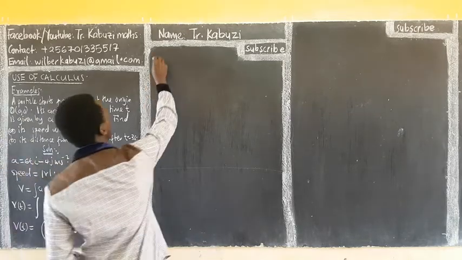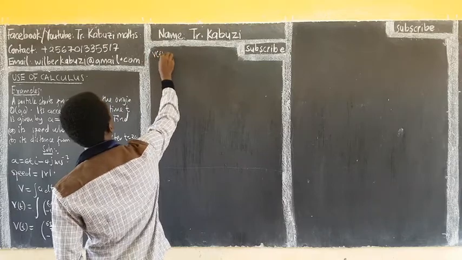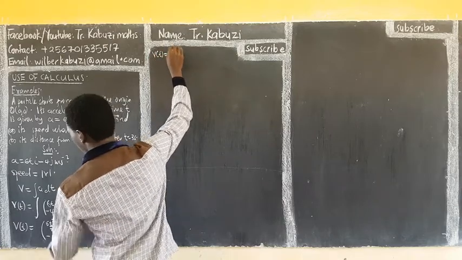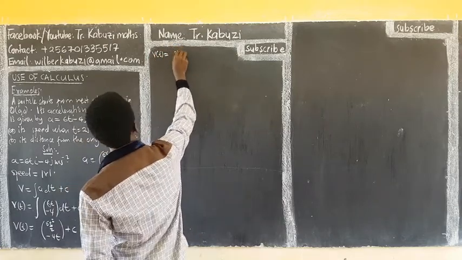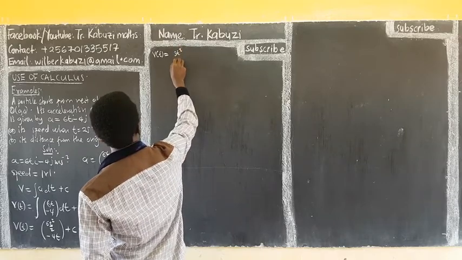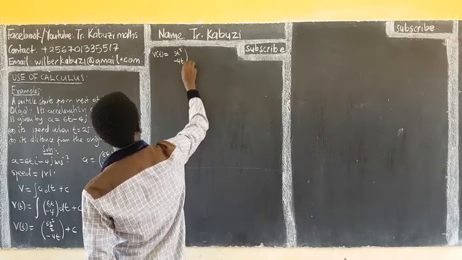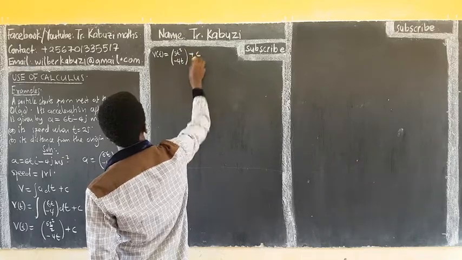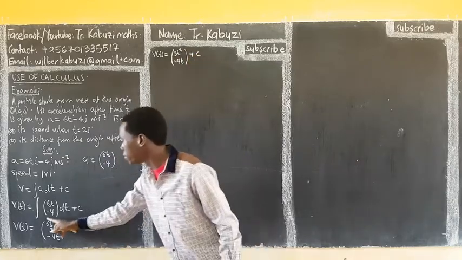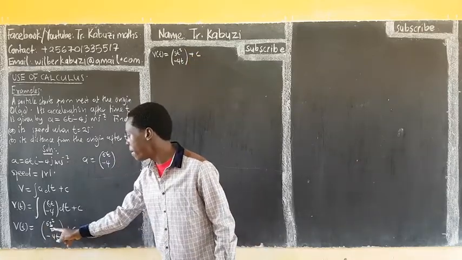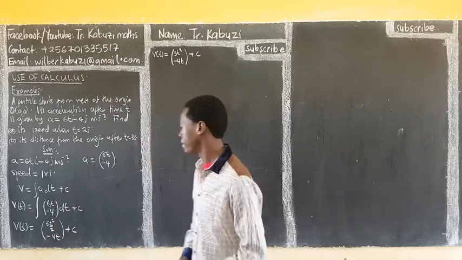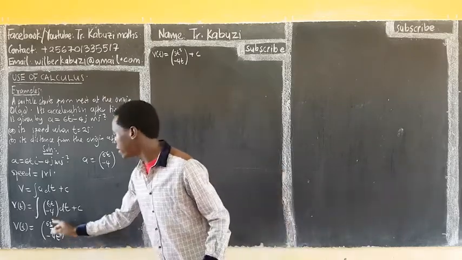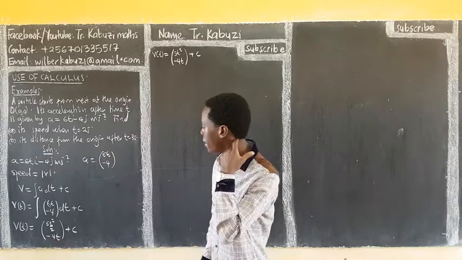To simplify, our velocity at any time is 3t squared minus 4t, then plus c. But you can skip this step because you increase the power by 1 divided by the new power. As simple as that. When you integrate a constant, you get that value times t.